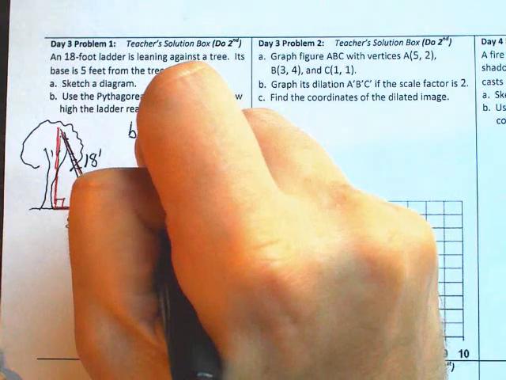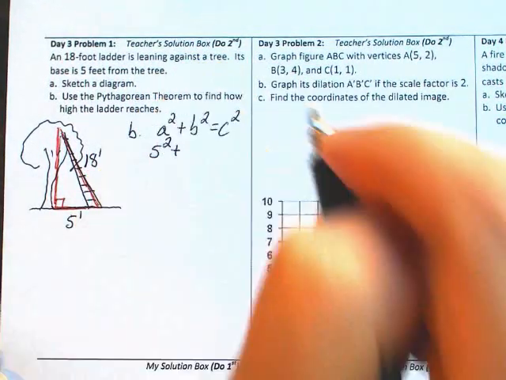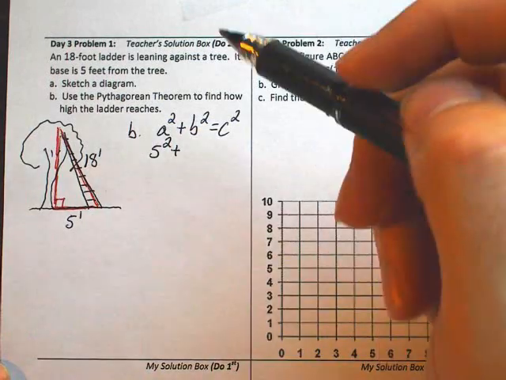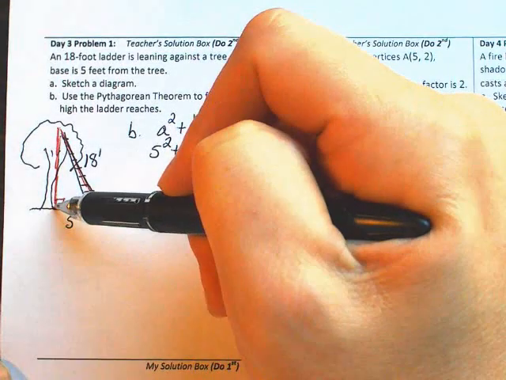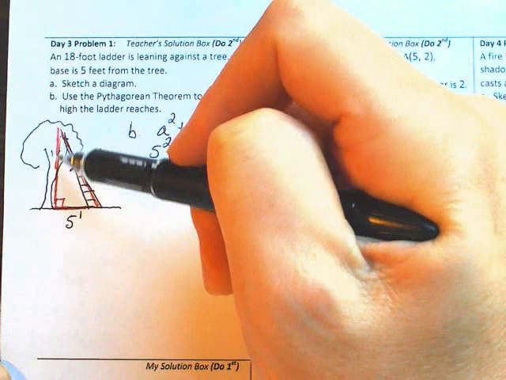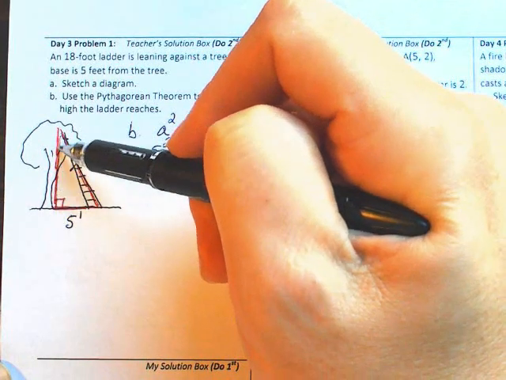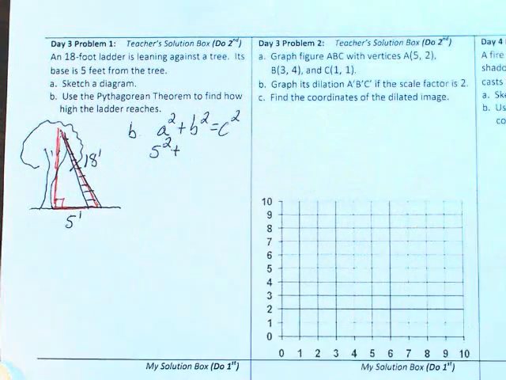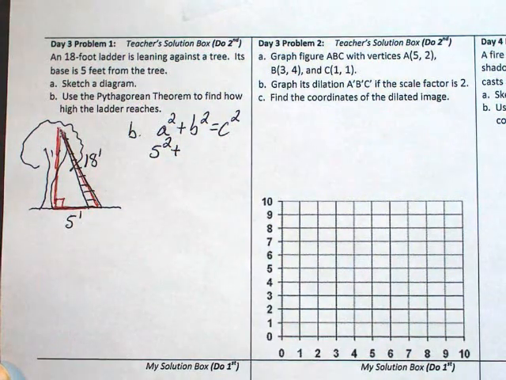So the 5 gets filled in for A. The letter B is the other leg of the right triangle. And in the drawing, that is this side here, which is how high up the tree the top of that ladder touches. And we do not know how long that is. That's what we're asked to figure out.